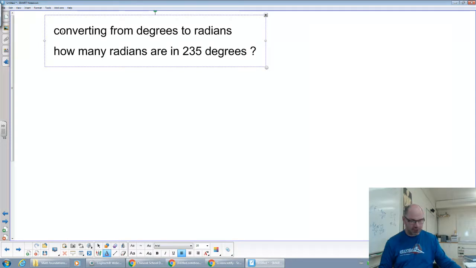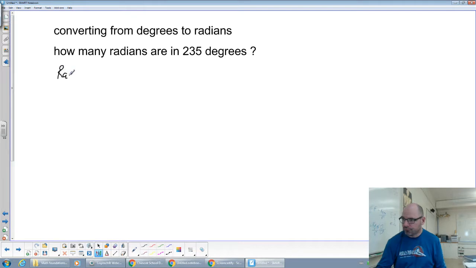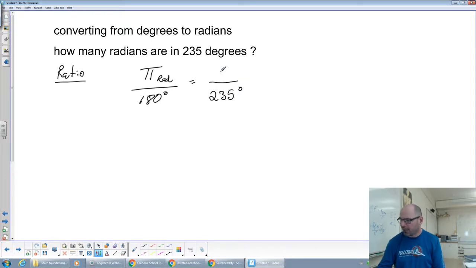Okay, so we can do ratio again, which is the way I like to do it. So we know that pi radians is the same thing as 180 degrees. If we set up a ratio, we know the degrees, 235 degrees, how many radians are we going to get?